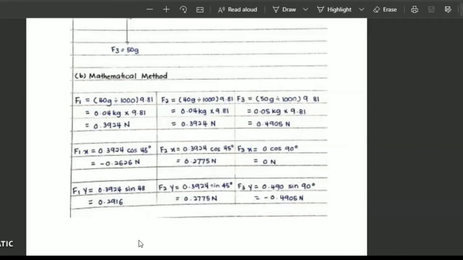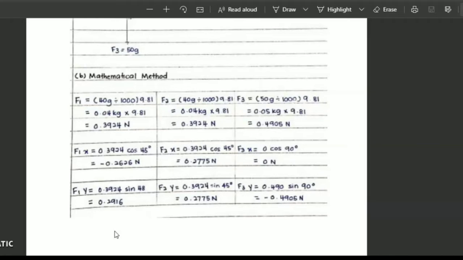Then to get F1x, 0.3924 cos 45, we get negative 0.2626 N. For F1y equal to 0.3924 sine 48, and we get 0.2916 Newton.